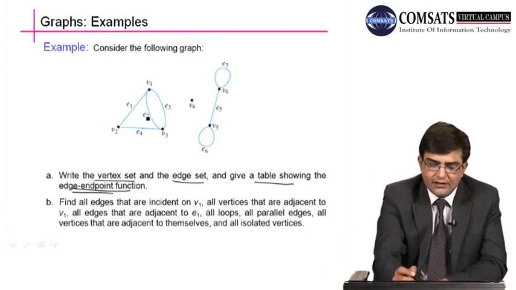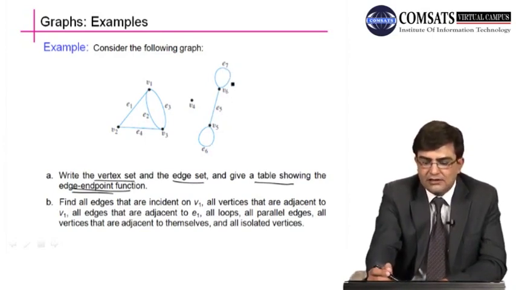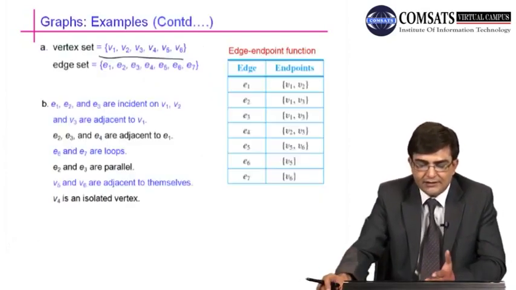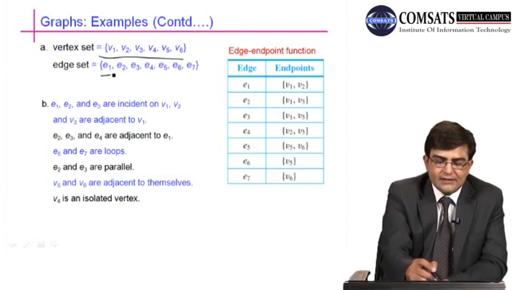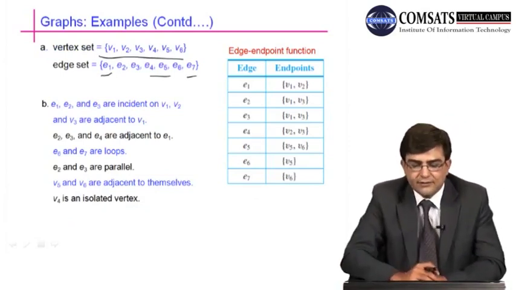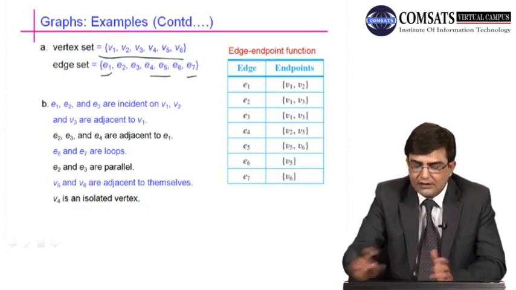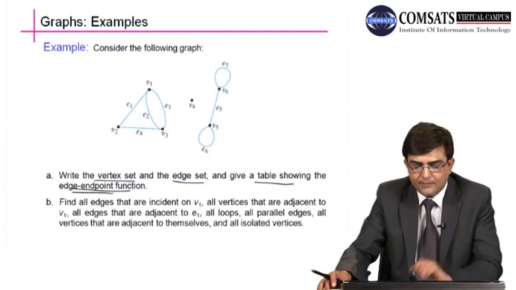Edges are E1, E2, E3, E4, E5, E6, E7. These loops are also edges. We consider them edges. So the edge set is E1, E2, E3, E4, E5, E6 and E7.